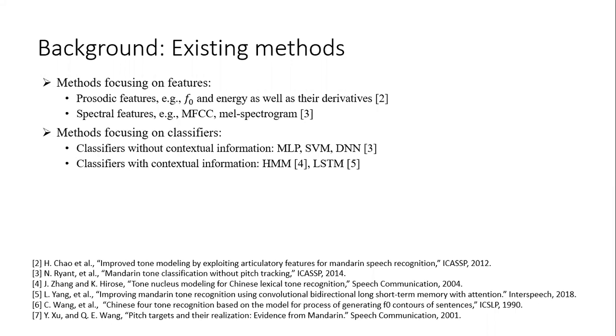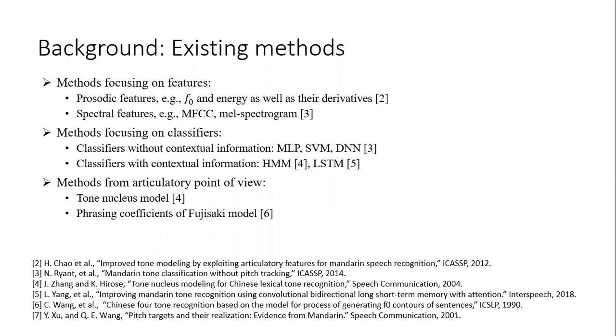The classifiers used mainly differed in whether or not considering contextual information. Some researchers also tested methods from articulatory point of view, such as using tone nucleus model and phrasing coefficients of Fujisaki model as features for tone recognition.